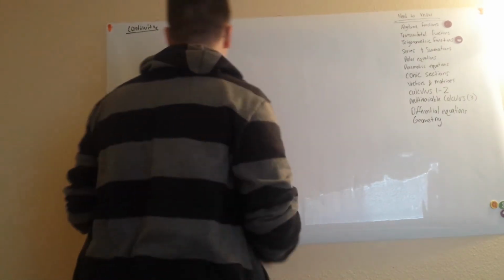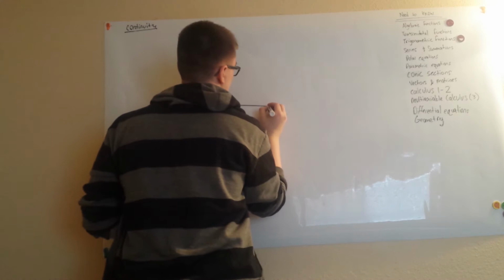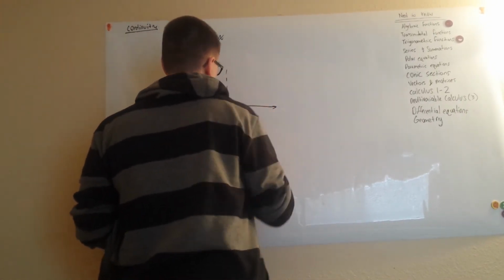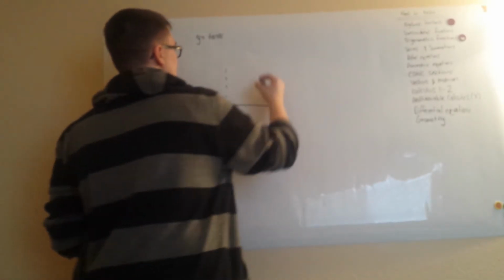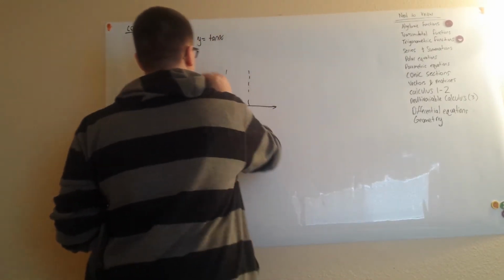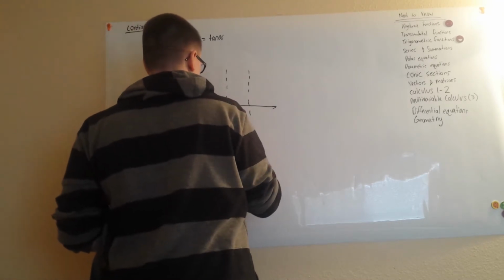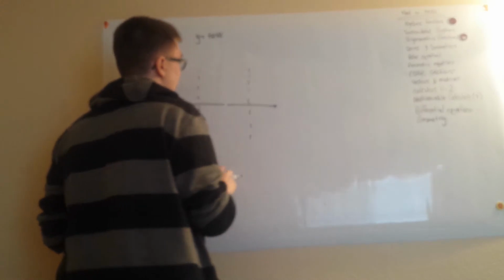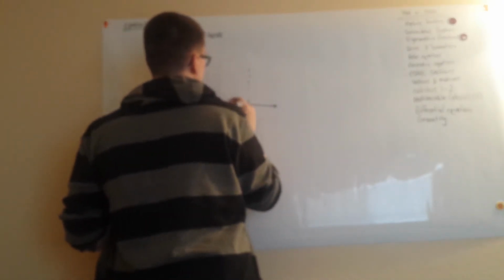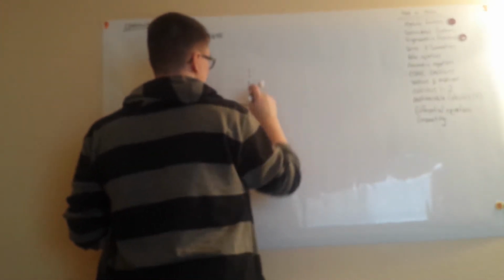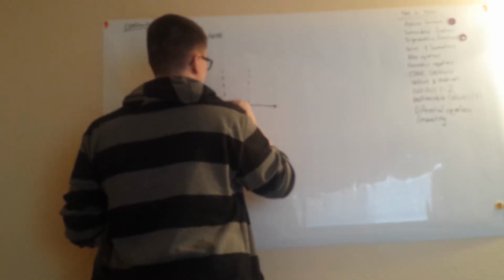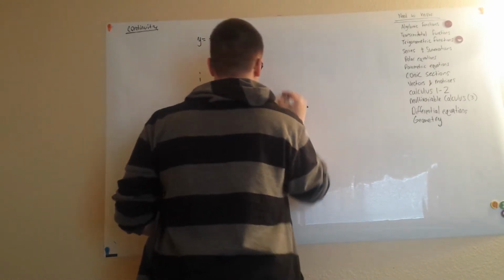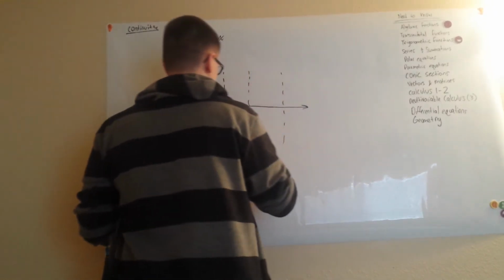We know the graph. It's discontinuous at 0, and it has asymptotes. Okay, so it looks like this.